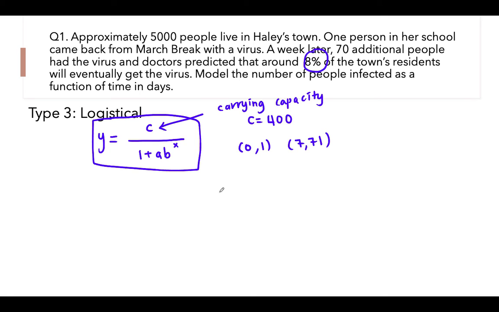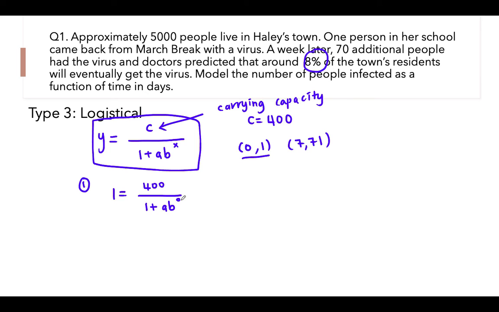So what we're going to do is first figure out all the variables. First step, let's plug in the values that we know. I'm going to plug (0, 1) into my x and y. So y is 1, 400 over 1 plus ab^x, where x is 0.